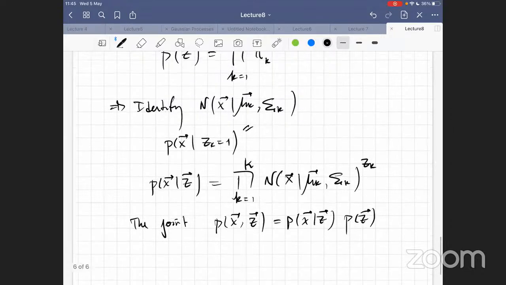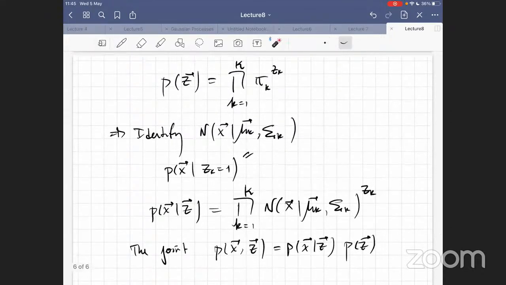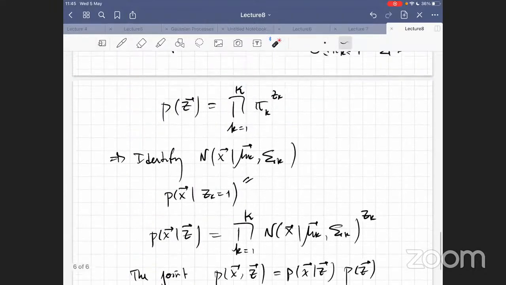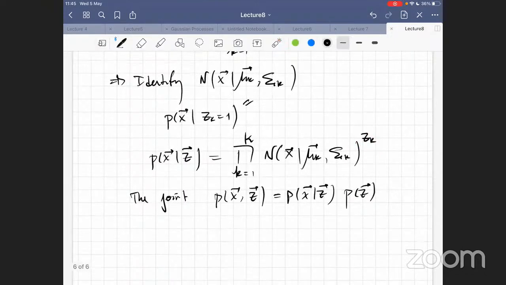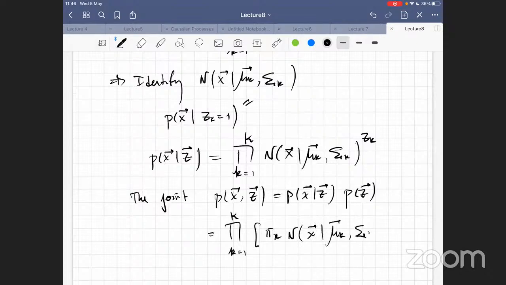It is just a multiplication between this term and this term here. They both involve exponent z k, so I just write this as the product of pi k times my conditional, to the z k.